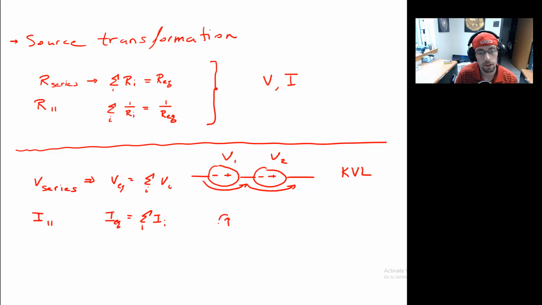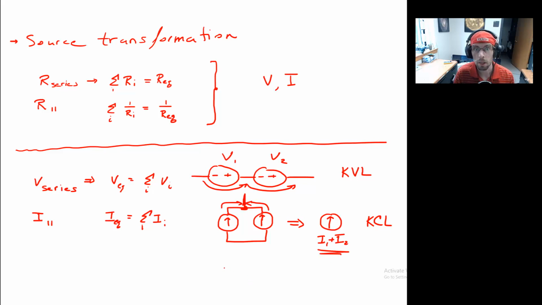You could think of a current source pumping into a node of some sort, a second current source pumping into a node, and you could model that as a single one with I1 plus I2. And really, what are we doing there? We're applying KCL. We're thinking about the current flowing in from this direction. Of course, there needs to be an outflow wire of some sort. But the current flowing in from both of the sources meets at the node, and we would take the summation.